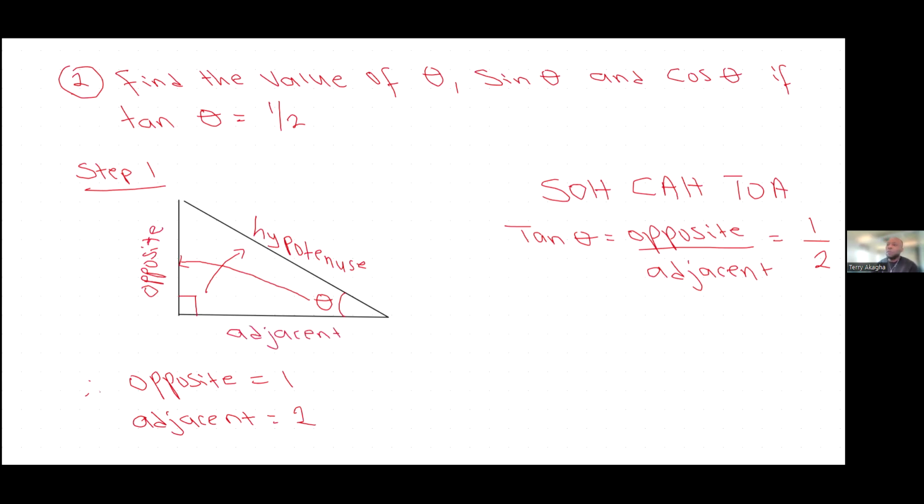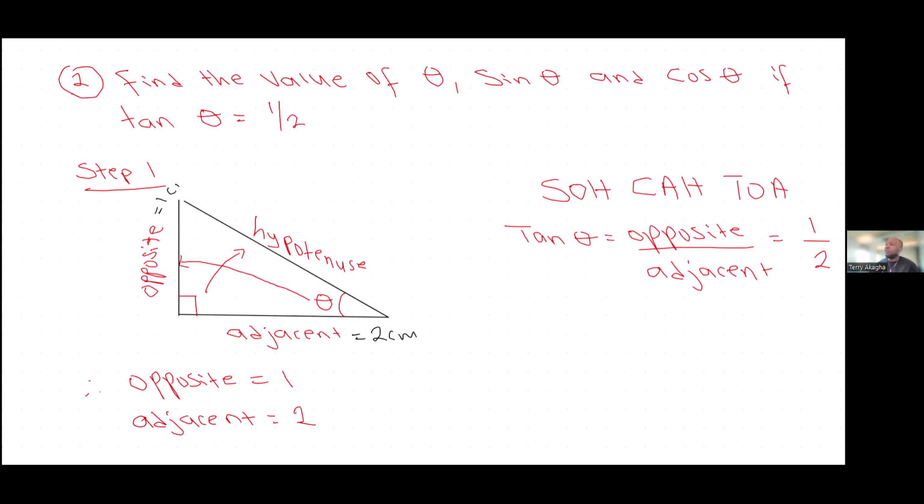So if we know that the opposite is 1 and the adjacent is 2, then for this triangle, the opposite here is 1 and the adjacent here is 2. To avoid any confusion, the adjacent is going to be 2 centimeter, and the opposite is going to be equal to 1 centimeter.